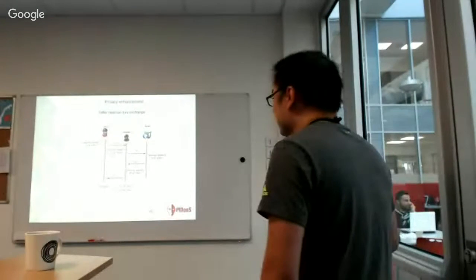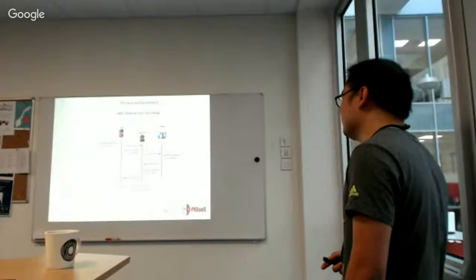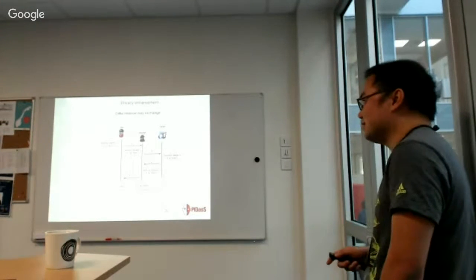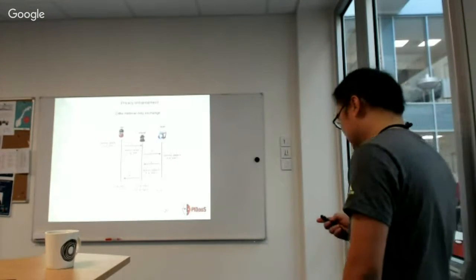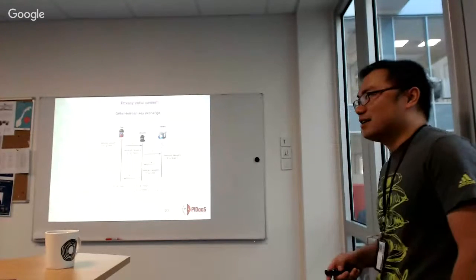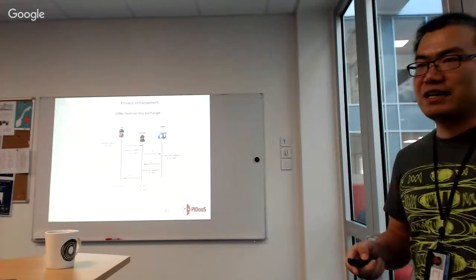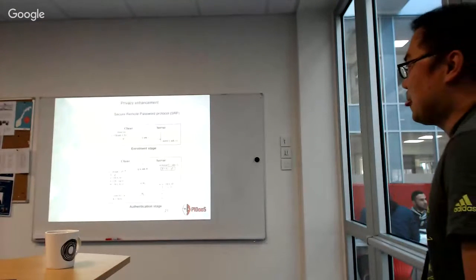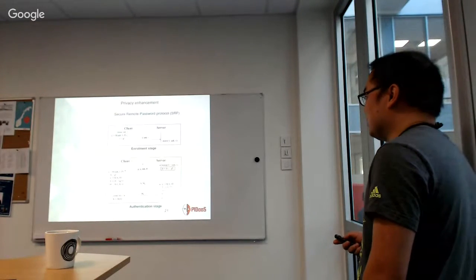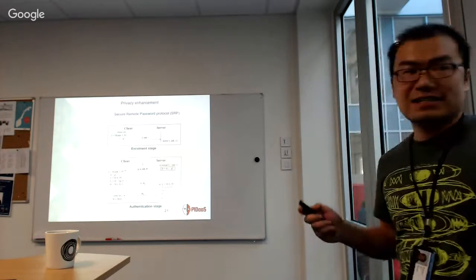The reason the Diffie-Hellman has this disadvantage is that it doesn't have an authentication process, which has been done by the SRP protocol.